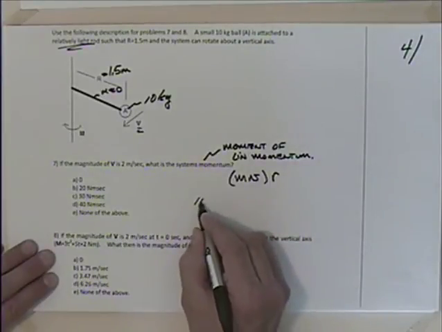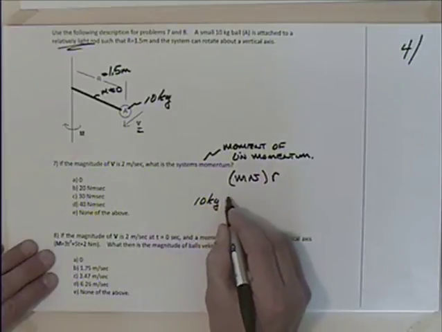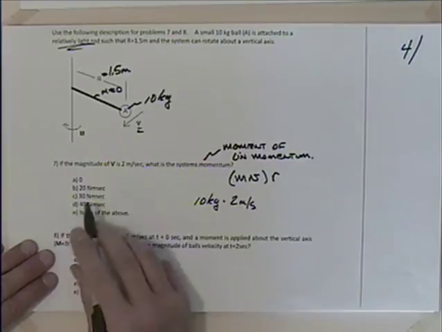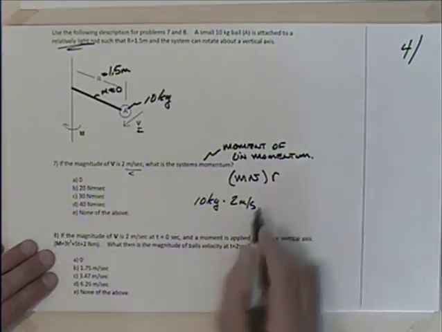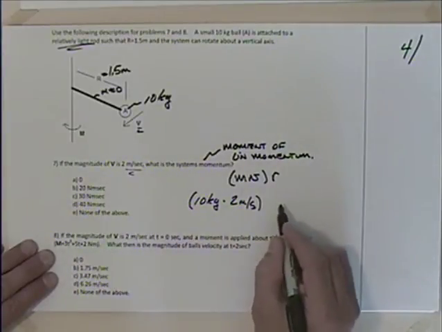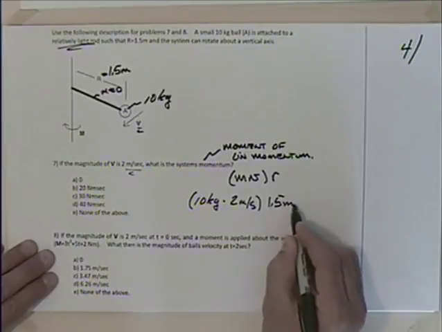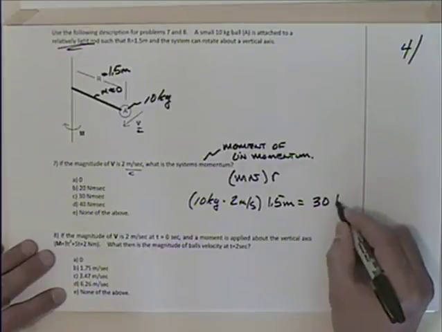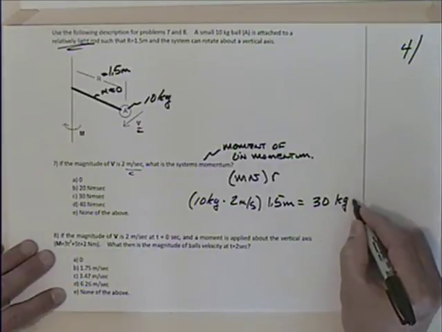I've got the mass, which is 10 kilograms, times 2 meters per second. Isn't that what we had there for the velocity? Yep, 2 meters per second. And then I'm multiplying this by r, 1.5 meters. So I get 30 kilograms times what?